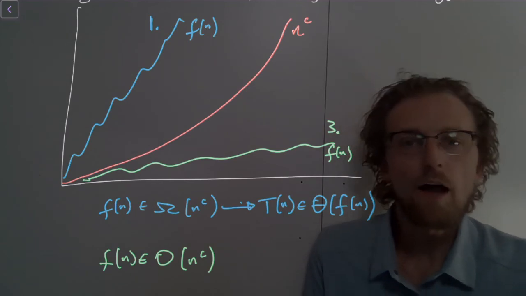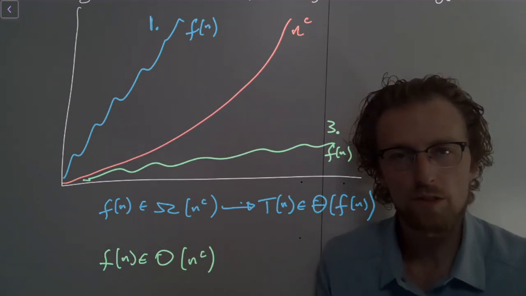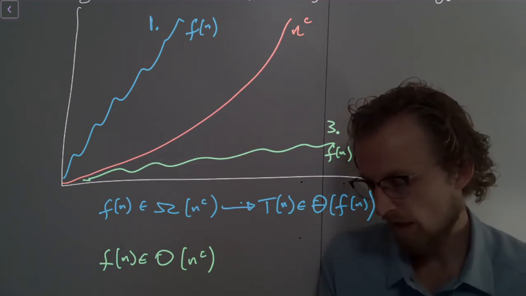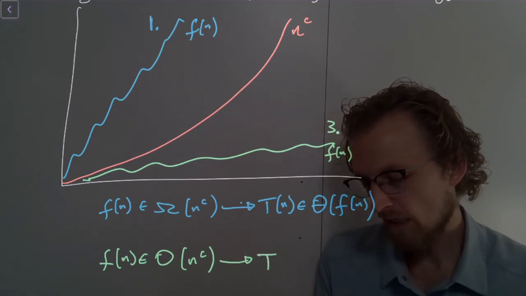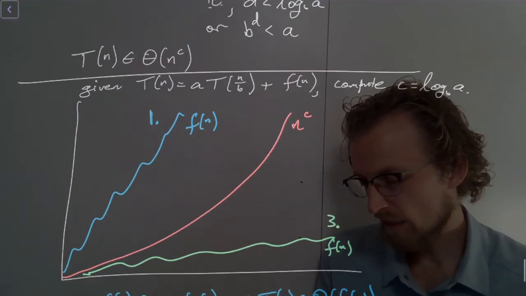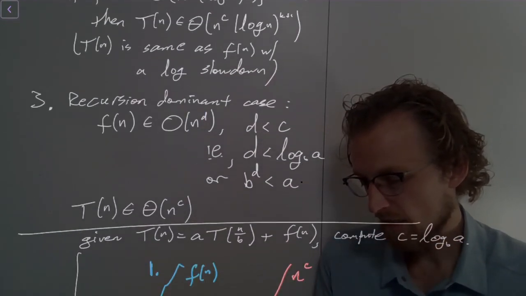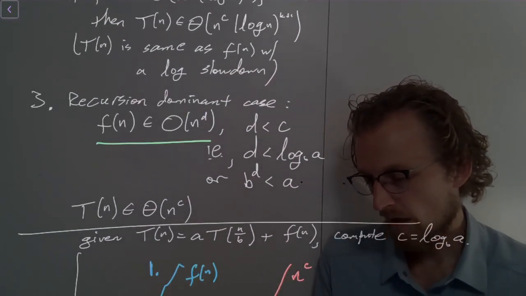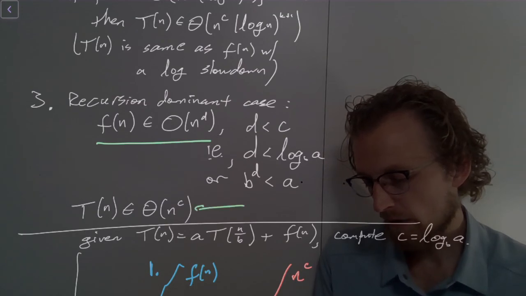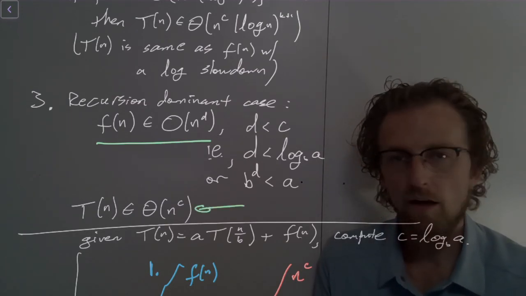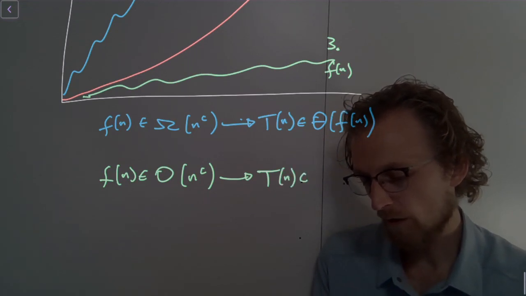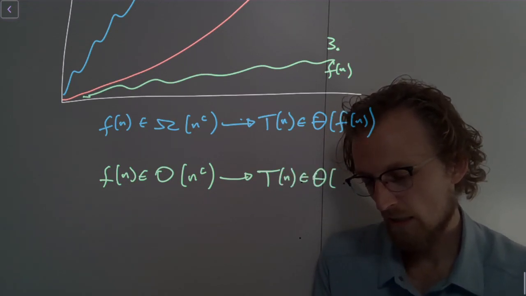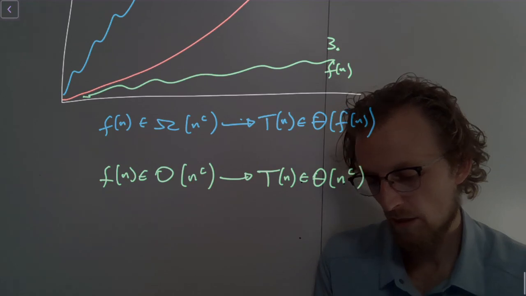F of n is not big enough to compete with this critical exponent polynomial. So that means it's big O of n to the c. Now I scroll up to my theorem and see which case has that, and that's here. And in that case, I end up with complexity equal to big theta of n to the c. So that tells me something about my overall recurrence relation, and it says this is big theta of n to the c.